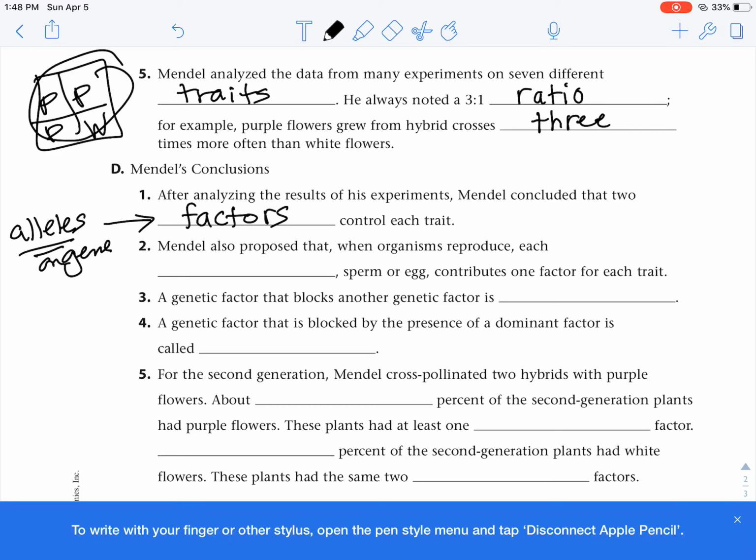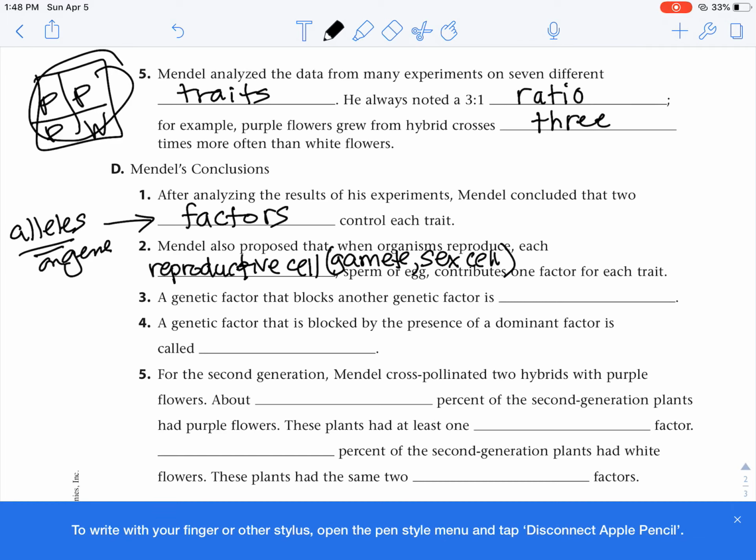Number 2, Mendel also proposed that when organisms reproduce, each sperm or egg contributes 1 factor for each trait. You could say here reproductive cell. You could also say gamete. You might say sex cell. Any of that would be acceptable.